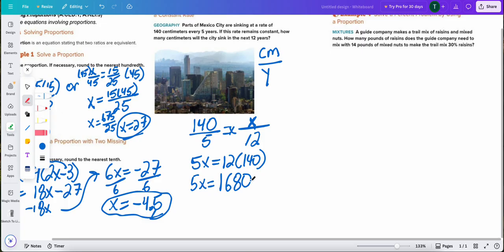Between the 5 and x is multiplication, so we'd have to undo that by dividing both sides by 5. If we divide both sides by 5, we're going to get that x is 336. So in 12 years, the city will have sunk 336 centimeters, is what this is saying.